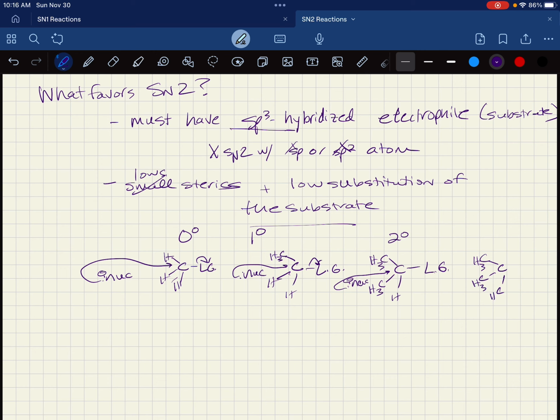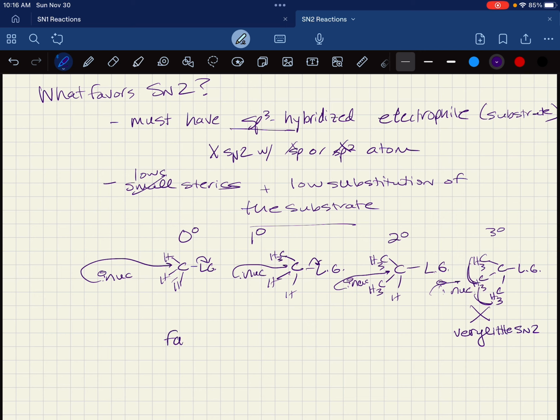If you were to build a model or look at a space-filling model of something like tert-butyl chloride, it's going to be really hard. I'm going to draw it like a shield, almost like an electron shield, where it gets really difficult for that nucleophile to get in there. So generally speaking, with tertiary substrates we're really not going to see much, if any, SN2. So we'll say very little SN2.